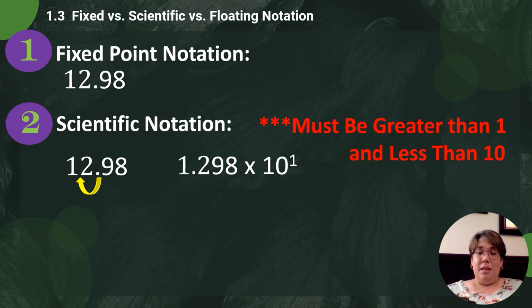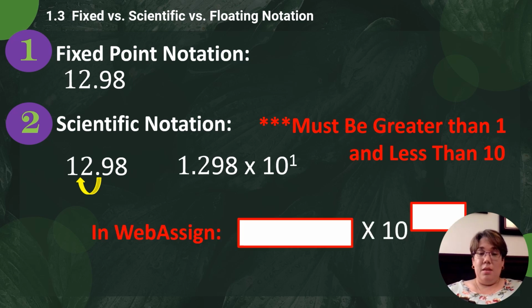Okay? Now the last thing that you need to know is how do you actually input this in WebAssign. So in WebAssign, the answer box looks like this. So what they're going to want you to do is type into these boxes. So you would type in 1.298 into that first box, and then times 10, and in that second box, you're going to type in a 1.